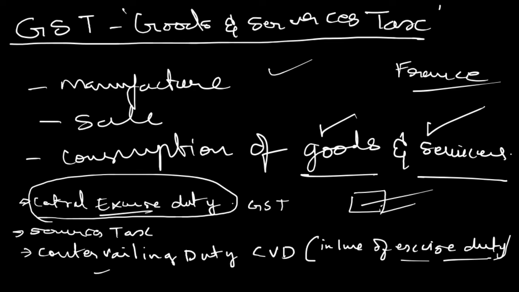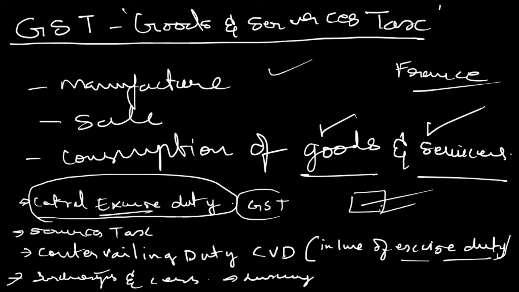Now countervailing duty has been exempted. The only thing you have to pay is GST. Surcharges and cess are included in GST. Then luxury tax, everything. So no separate taxes. You can take everything all together from GST.